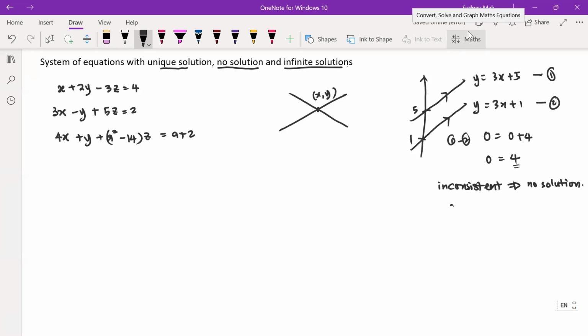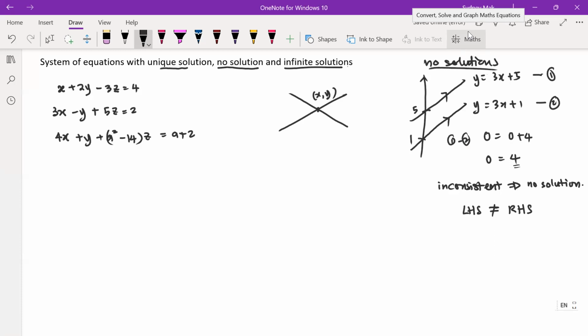So when the left-hand side does not equal the right-hand side, or 0 equals a number, it is inconsistent, no solution. This is under no solutions.